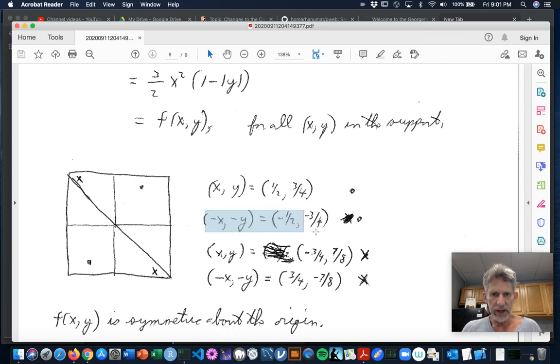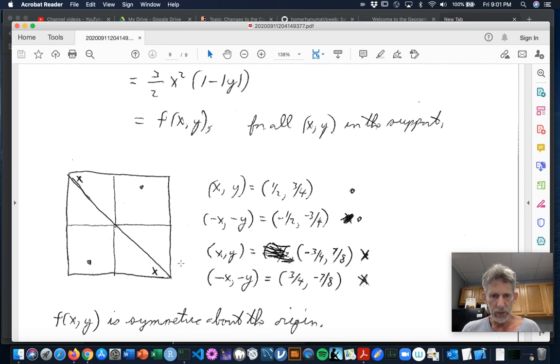Say you let x, y be a half, 3/4, which is right here, denoted with this dot. The opposite of x, opposite of y, would be minus a half, minus 3/4, which is down here. It's right across the origin from x, y. If I just went straight through the origin, I would hit that opposite point, and the distances are the same, going in and coming out from the origin.